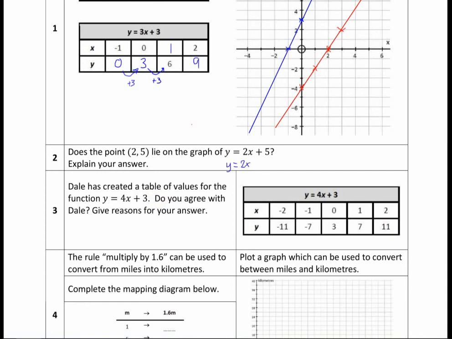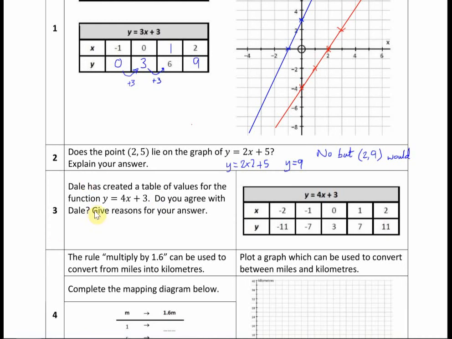So 2 times 2 would be 4, plus 5 would be 9. The y coordinate for an x coordinate of 2 would be 9. So the answer is no, but 2, 9 would, if you really want to show off.